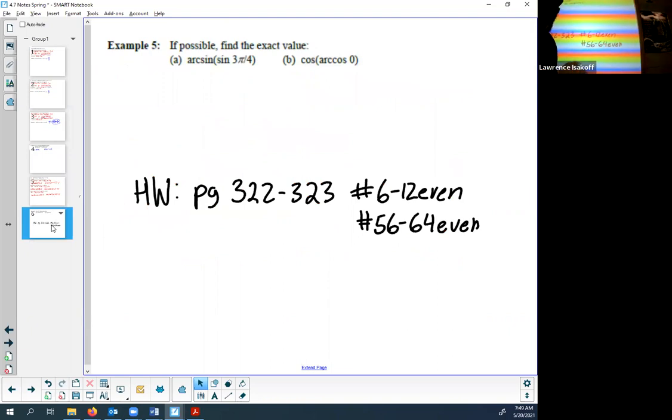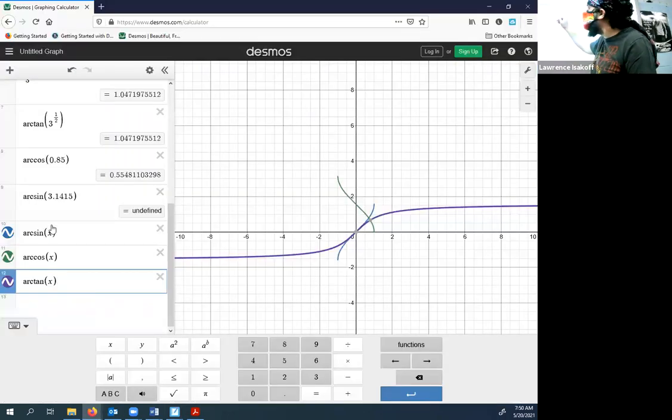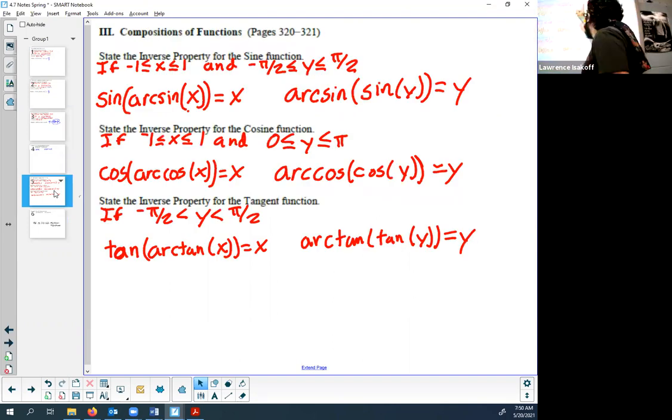So we've got one last problem, or two last problems, to do here. It says the arc sine of the sine of 3 pi over 4. Unfortunately, 3 pi over 4 is not inside of this range.